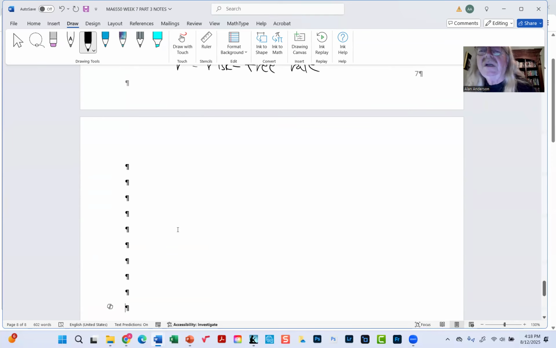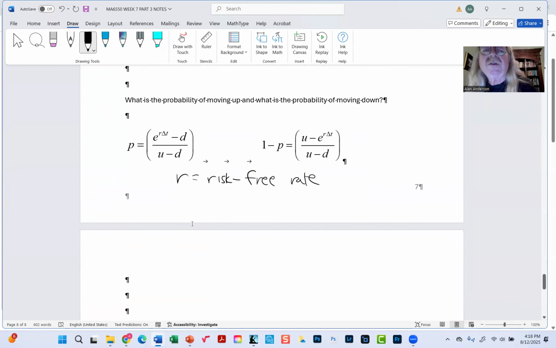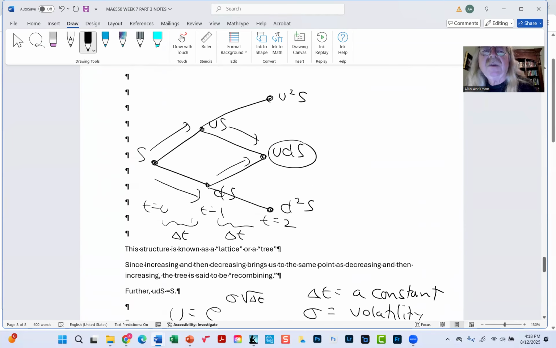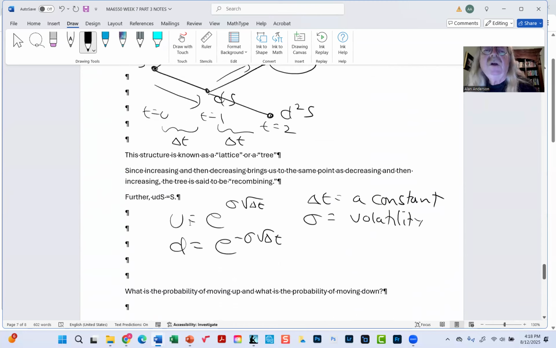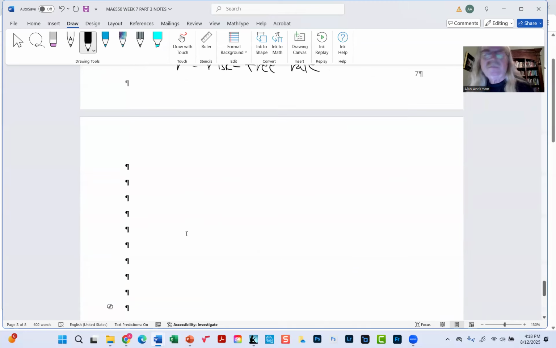Now, what about the option? Right now, all we were doing was modeling the stock price. What about the option? Well, here's what's going to happen.